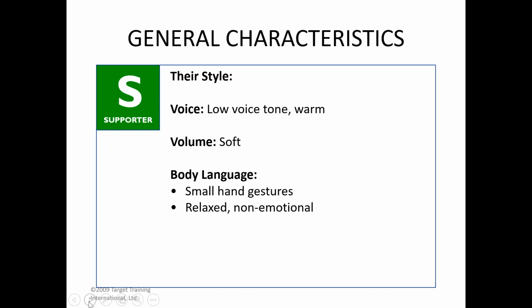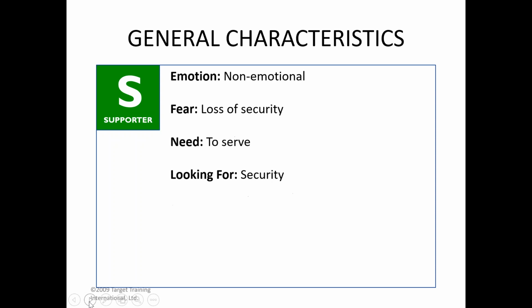Moving on to the S, as a reminder, this is the pace of the environment. A high S person is going to have a very low voice and tone. They're going to be warm. Their volume of talk is going to be soft. Their body language will have small hand gestures compared to an I, and they're going to be very relaxed and non-emotional. The emotion of an S, if you recall, is non-emotional.